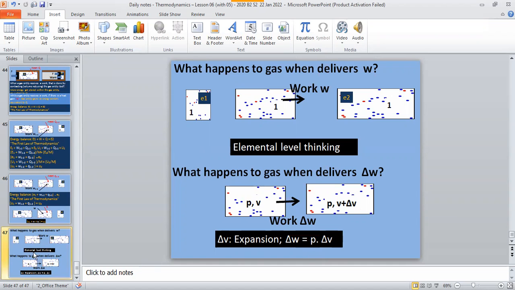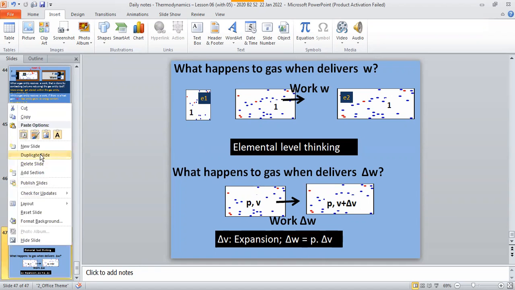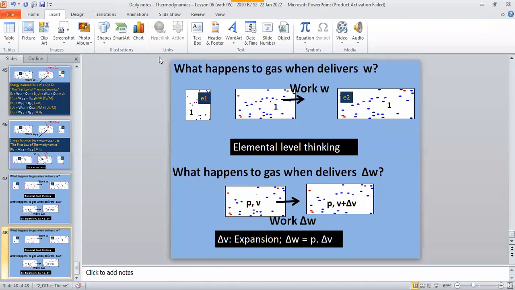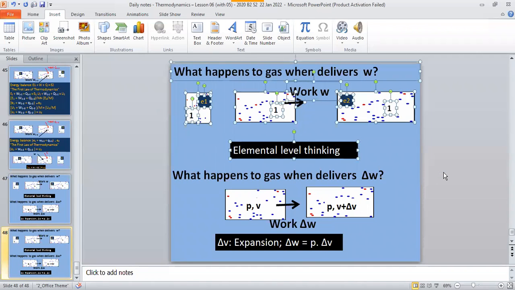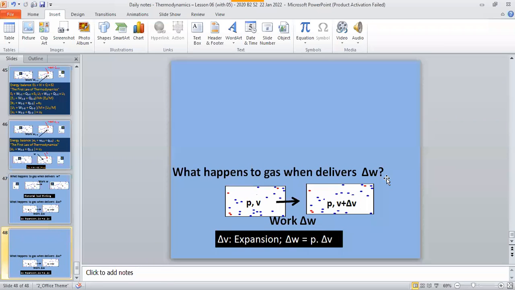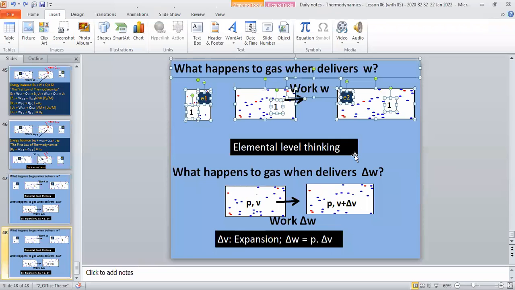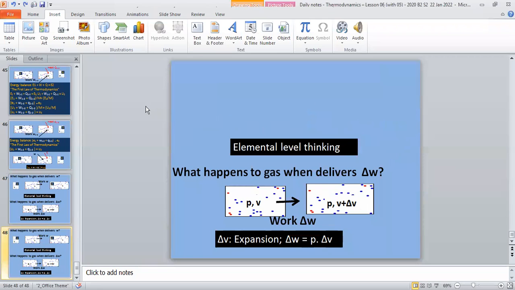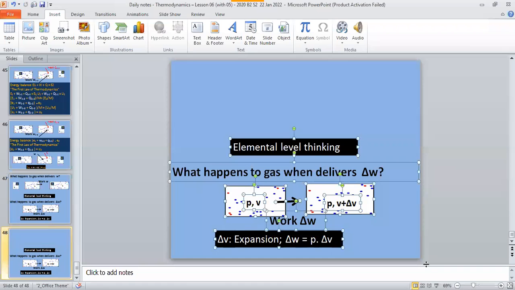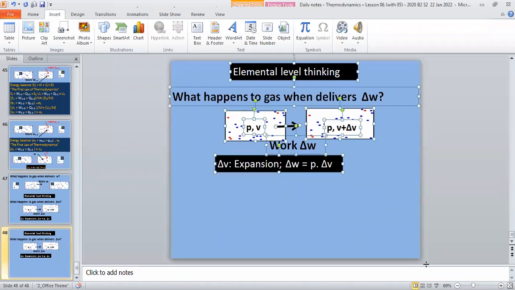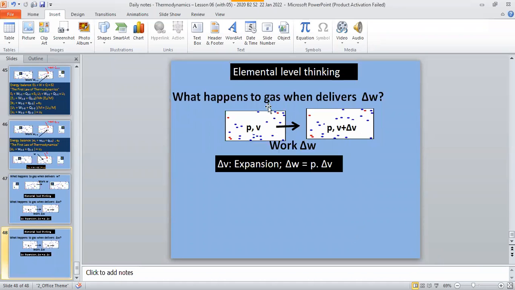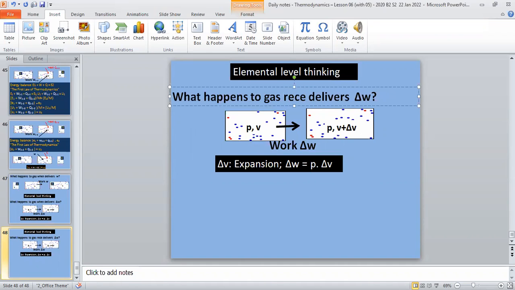So now, again, sorry. Elemental level thinking. When the gas receives work, actually, this volume becomes a little small.